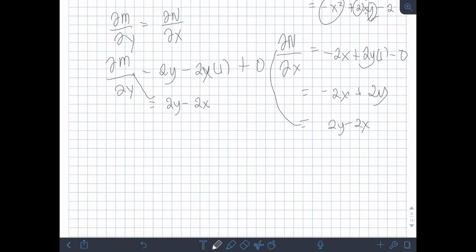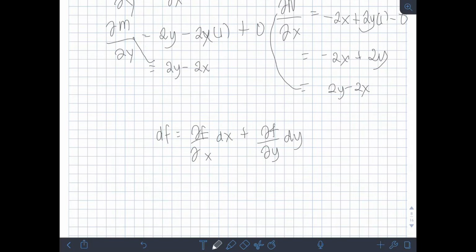Okay, so di ba meron tayong df is equal to partial derivative of f with respect to x dx plus partial derivative of f with respect to y dy. At meron tayong dE na M of x, y dx plus N of x, y dy equals 0. So, di ba, isaset din natin tong df as 0.